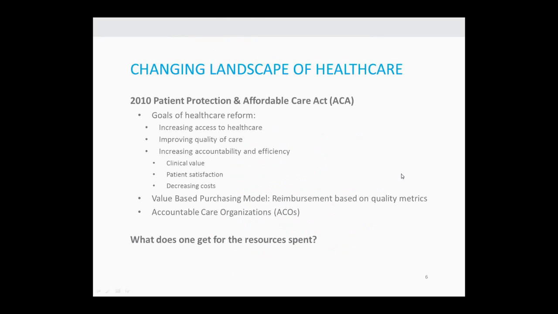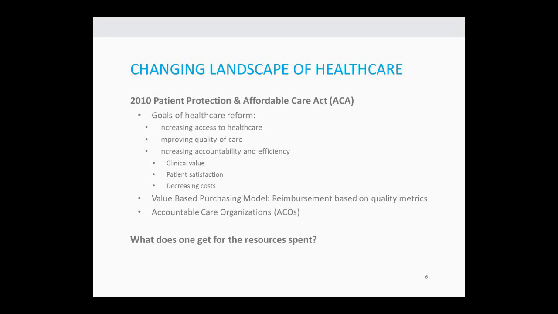We've got a changing landscape of health care. We have the 2010 Patient Protection and Affordable Care Act, or the ACA, that's Obamacare. The goals of this are to increase access to health care, which I mentioned at first, as we are getting more and more patients with actual access. We're improving the quality of care.